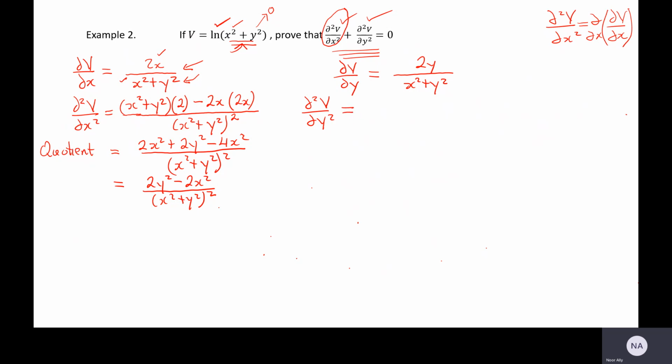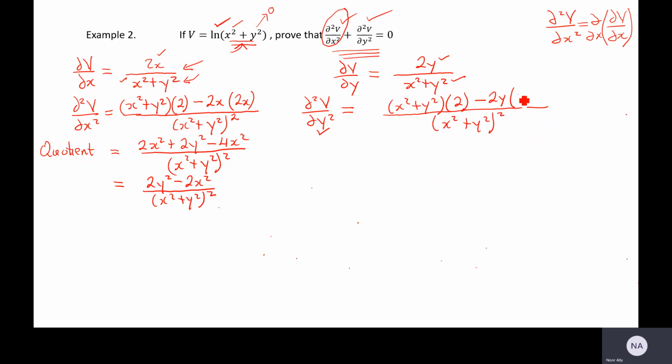So it's virtually the same. There's a y in the numerator, y in the denominator. I'm going to use the quotient rule. Put the denominator down, you're going to square that. Leave this, but now differentiate with respect to y. The derivative of 2y, that's 2. Minus, then you leave 2y.